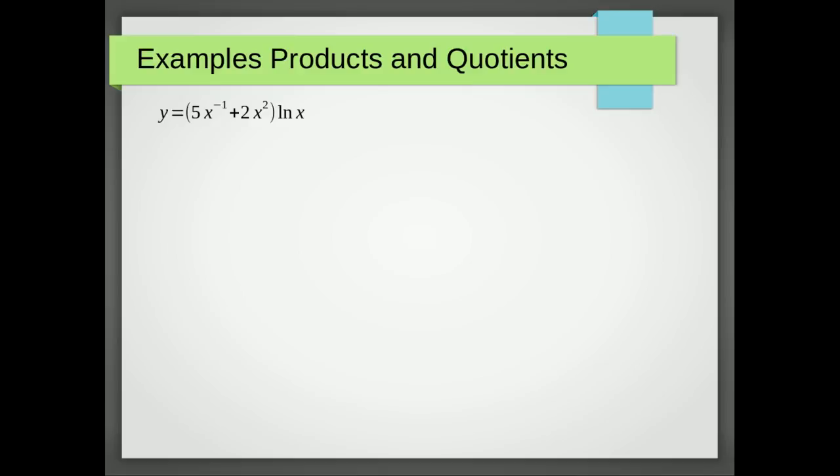So if you remember, when we're differentiating a product we differentiate one of the factors and keep the other the same, and then we do it the other way round. So if we differentiate that bracket, we multiply by -1 and then take 1 off the power to give us minus 5x to the minus 2, and then we differentiate the 2x squared to get 4x, and then we keep the other factor, the log of x, the same.